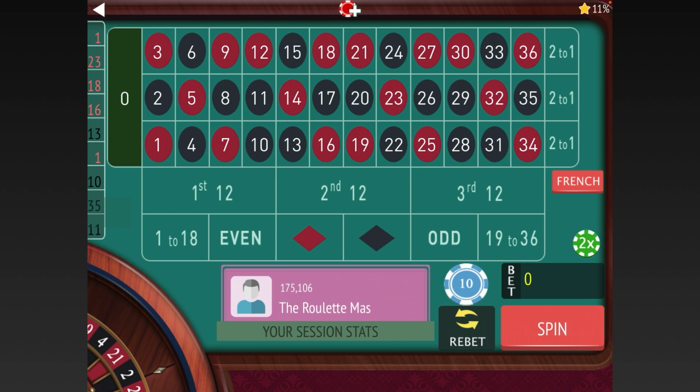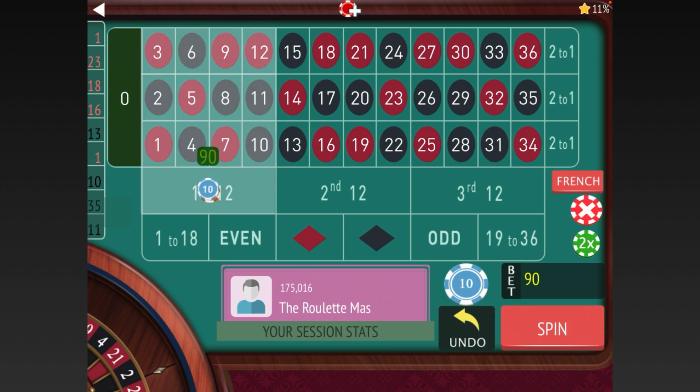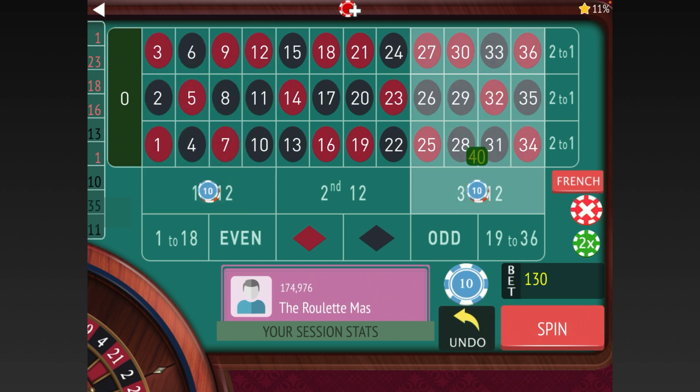However, if we were still at 100 or over, we'd go back 2. So let's see here. In this case, we're at 90, so we're going to be on first and third.